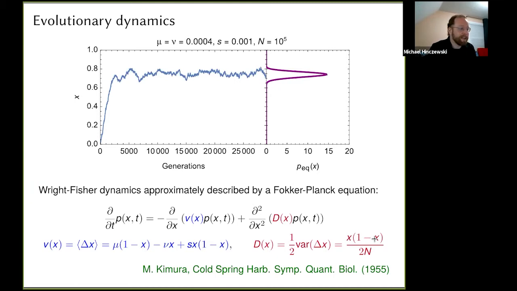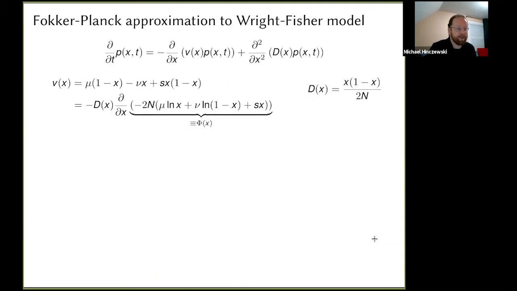It's a really beautiful way of describing dynamics, because now you can connect it to a lot of things that we do in statistical physics. This is of course for a one-dimensional system. I'll later show you how it works in higher dimensions. Now, for 1D, there's a really neat mapping onto statistical physics ideas, which is that you can write the velocity term as minus D times the gradient of a potential.